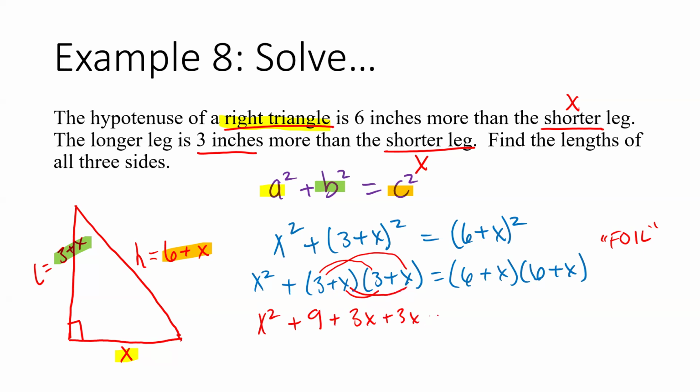And X times X is X squared. And we're going to repeat that same process on the other side. 6 times 6 is 36. 6 times X is 6X. X times 6 is 6X. And X times X is X squared.